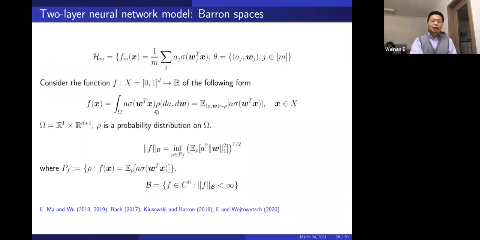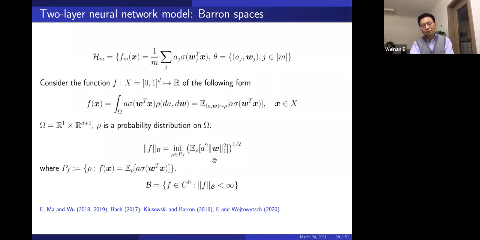Now, for functions that can be represented in this form, let's define what is called the Barron norm, which is defined as follows. We take this mixed second moment, or fourth moment, I don't know how to call it, and then take the square root. This we call the Barron norm.